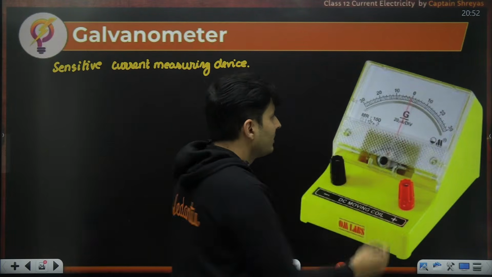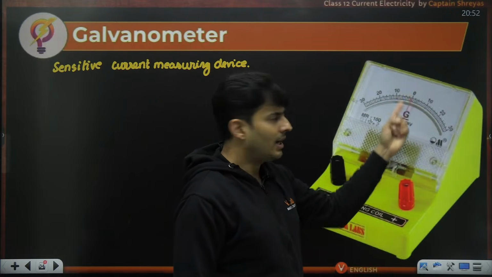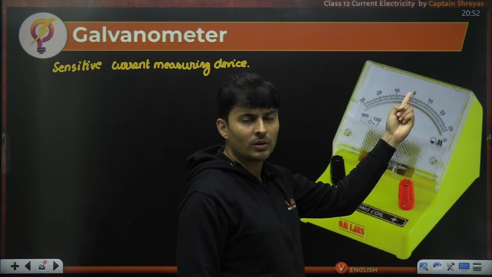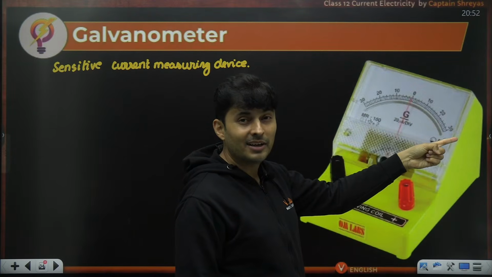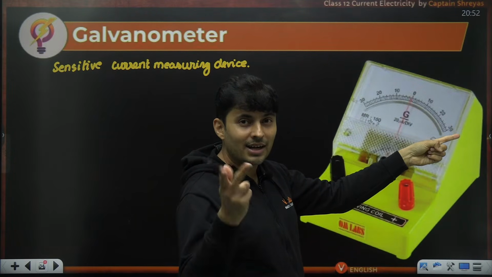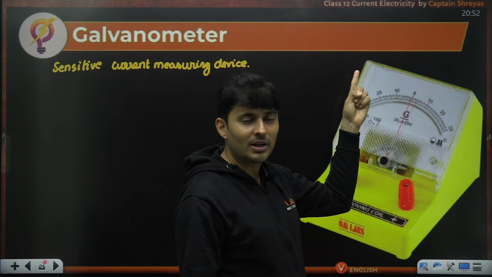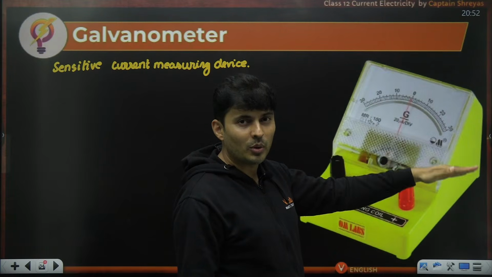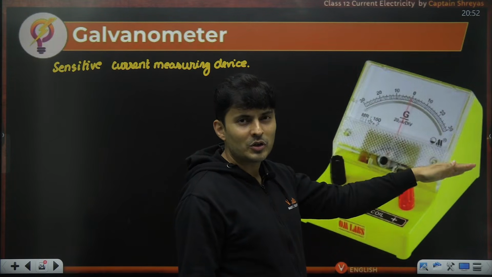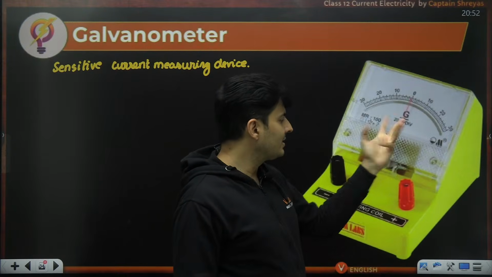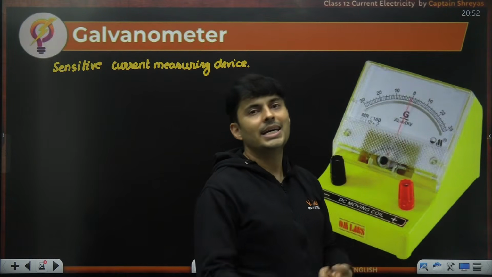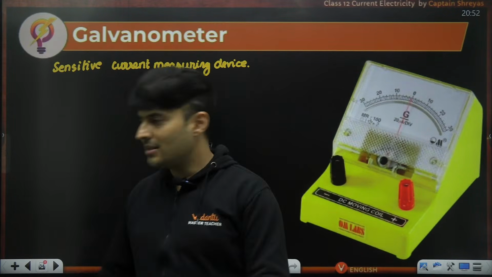How it works, we don't have to worry about it now. You will see that usually its needle is pointed at 0, but if you pass the current, it will deflect. If you pass more current, it will deflect more. And if you reverse the direction of the current, it will deflect to the opposite side. So there is a positive side and a negative side. The positive side means the current is going in a particular direction, and the negative side means current is going in the exact opposite direction.